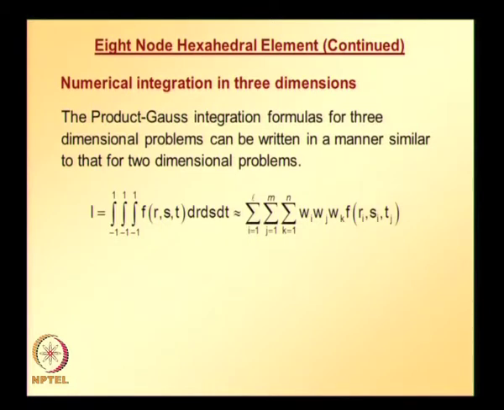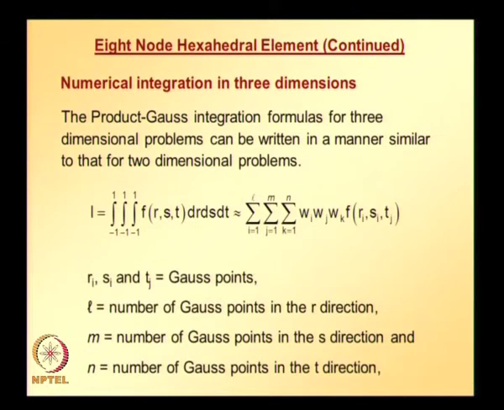So, this can be evaluated or numerically approximated using Gaussian quadrature, the way it is shown on the right hand side of the equation, where Ri, Si, Ti are Gauss points and Wi, Wj, Wk are the weights. L, M, N are the number of integration points along the R direction, S direction, T direction.